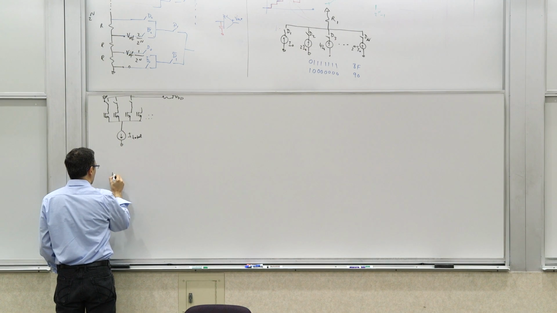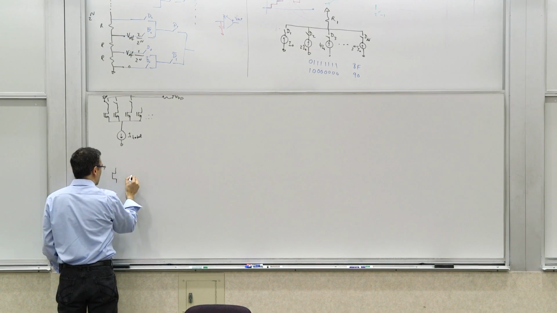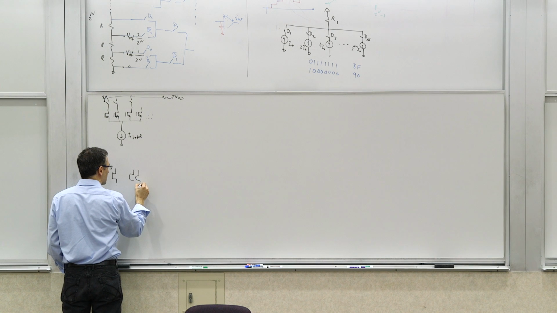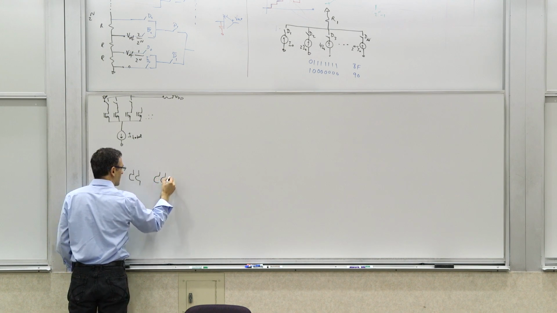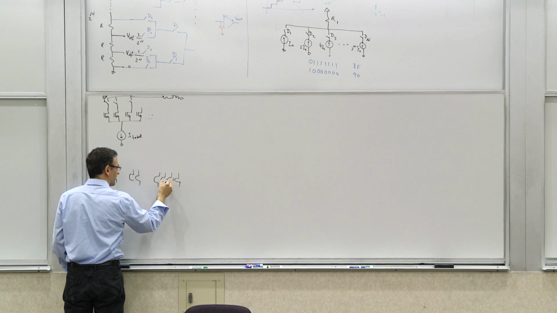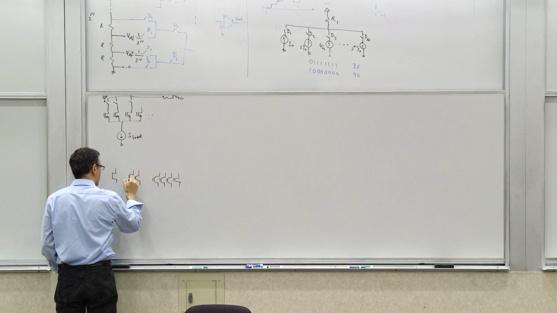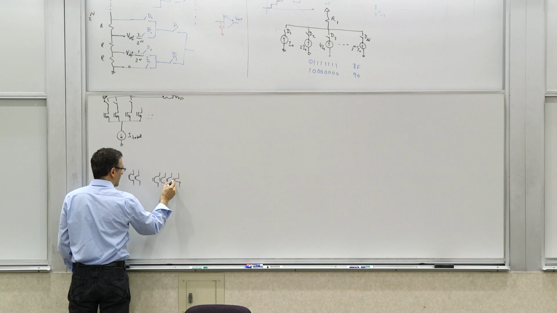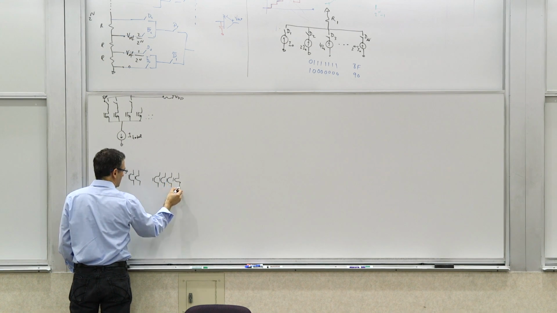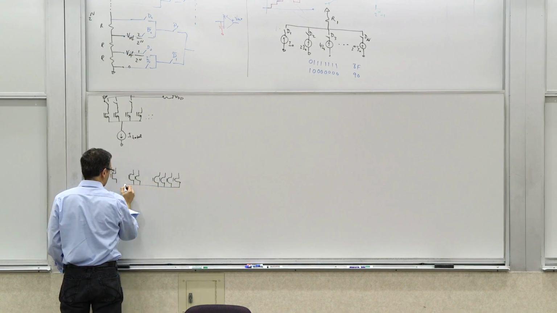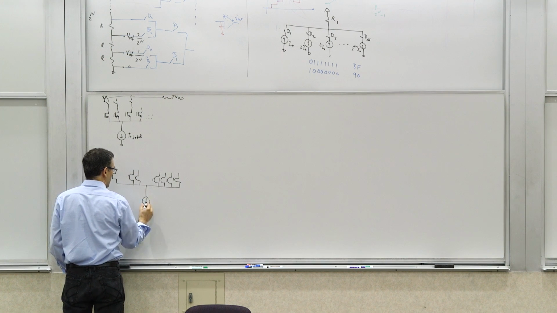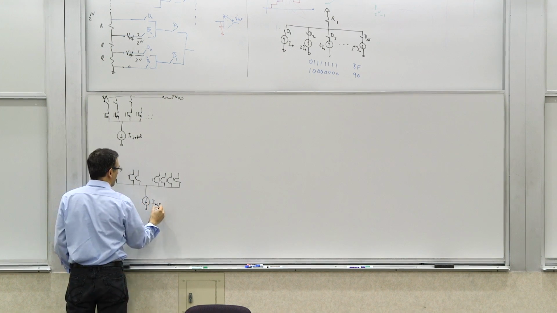Let's just say, okay, I'm going to do a bunch of these. I'm going to do batch processing. Okay, and then if you wanted 3 bits, for example, IREF, you could do that.